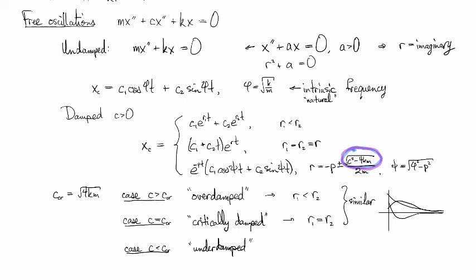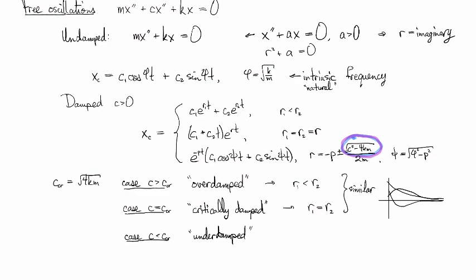For something like this, you're going to end up with an exponential function multiplied by something sinusoidal. If you remember back to, like, the second week or so, we saw that you can rewrite this linear combination of sine and cosine by introducing the square root of c1 squared plus c2 squared as the amplitude.